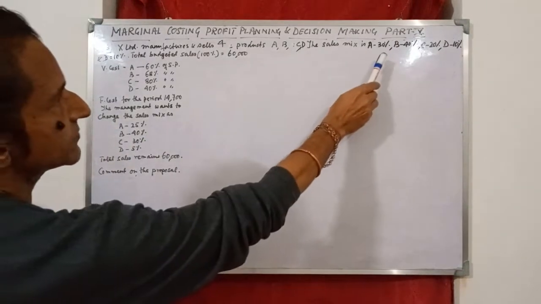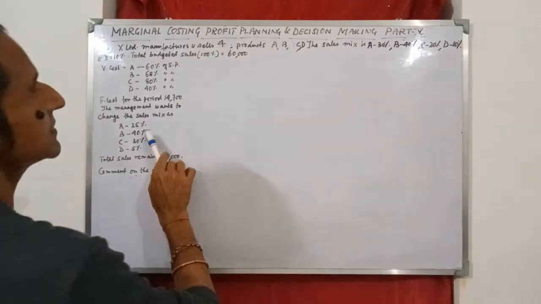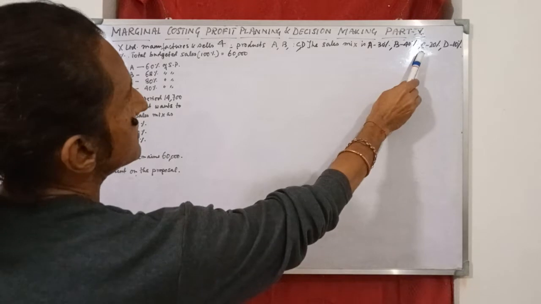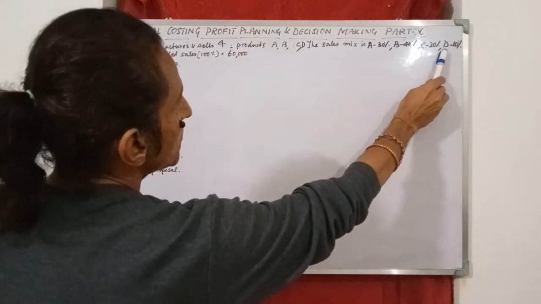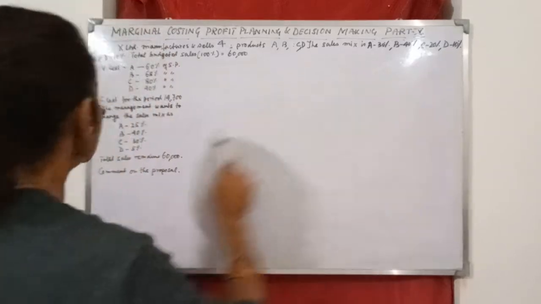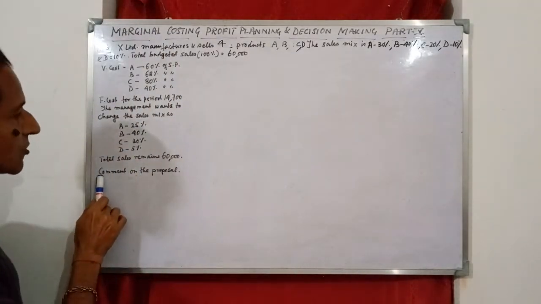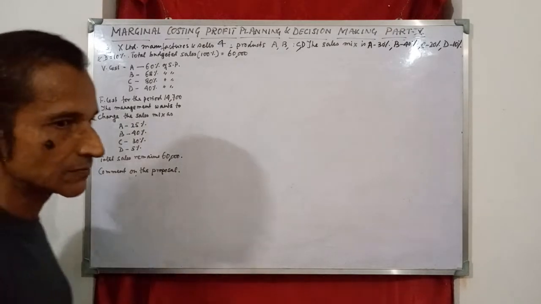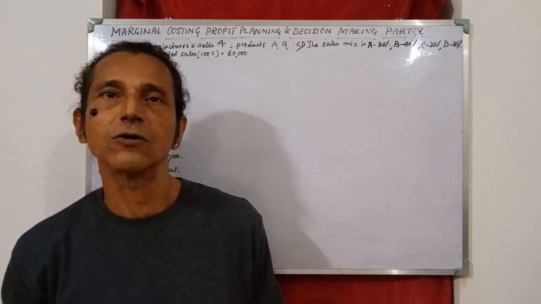B remains the same, 40%. C is changing from 20% to 30%, and D is proposed to be changed from 10% to 5%. Now the question is: comment on the proposal. That means we have to find out whether the proposal is profitable or not.